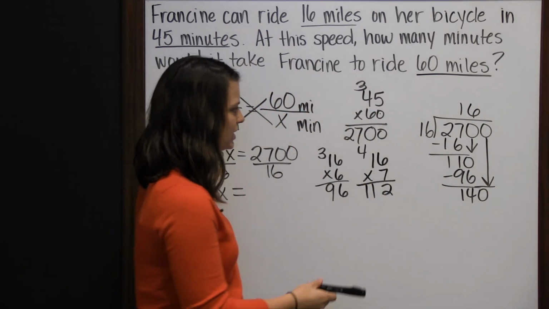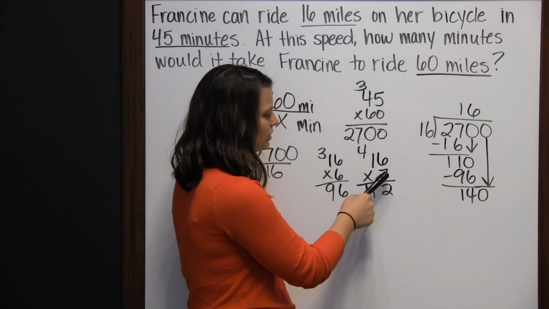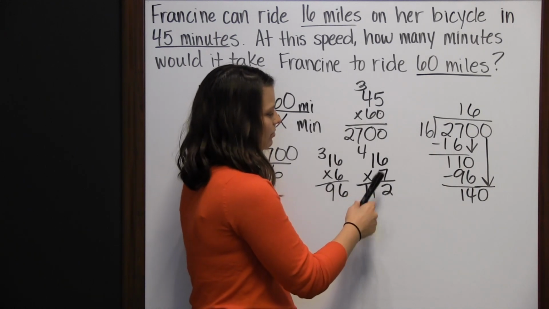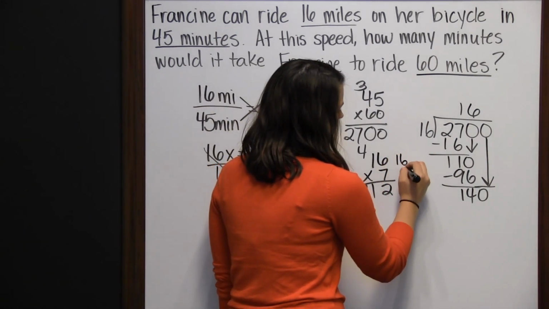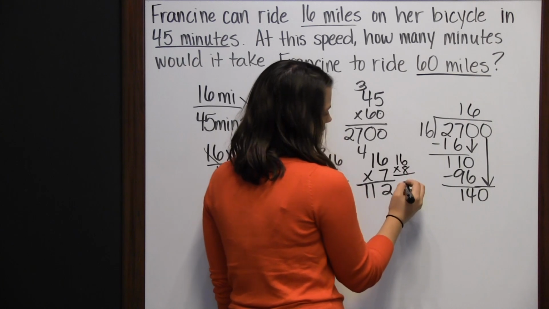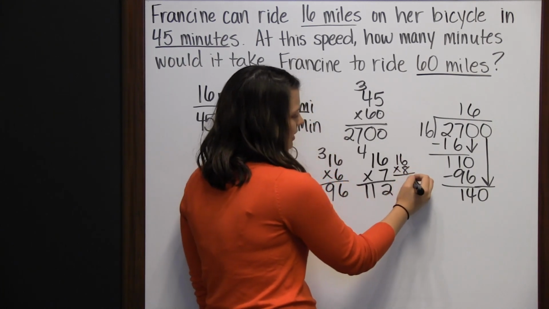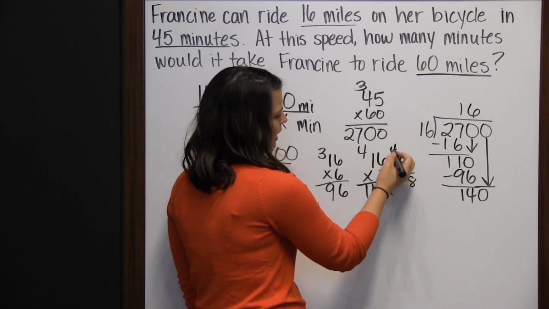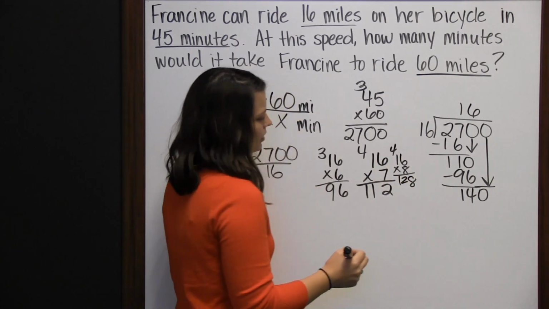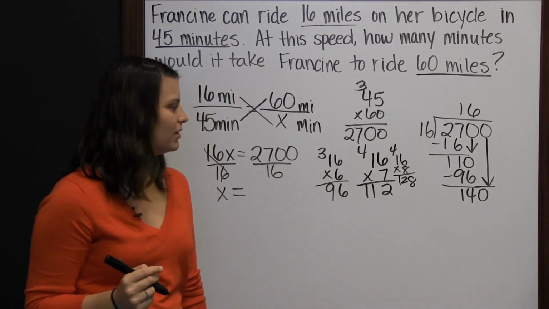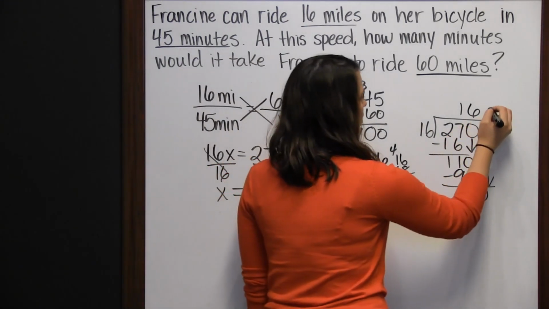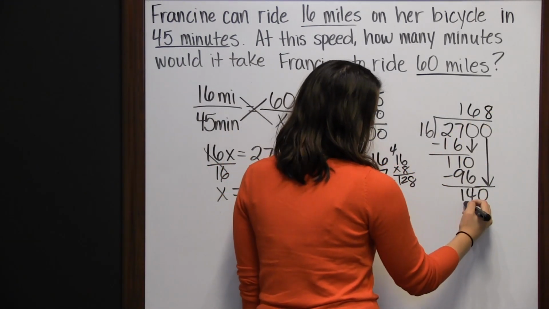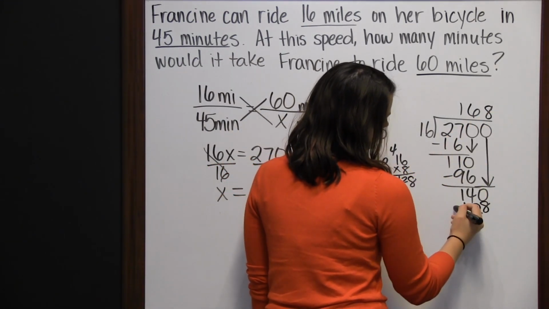So I know 16 is going to go into 140 at least 7 times, but it should go even more than that. So let's see what 16 times 8 is. 8 times 6 is 48. 8 times 1 is 8, plus 4 is 12. And that's all we're going to be able to do. So 8 times, and we get 128.